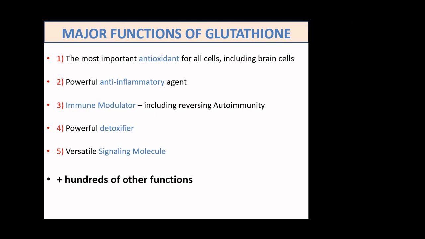The body works through a lot of signals, and one of the most important signaling molecules that give signals to the cells to work is glutathione. And on top of this, there are hundreds of other functions. And all 5 major functions are relevant to autism. I'm jumping the gun a bit because the focus was on autistic children.